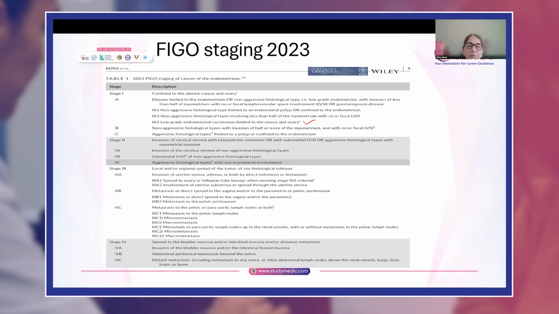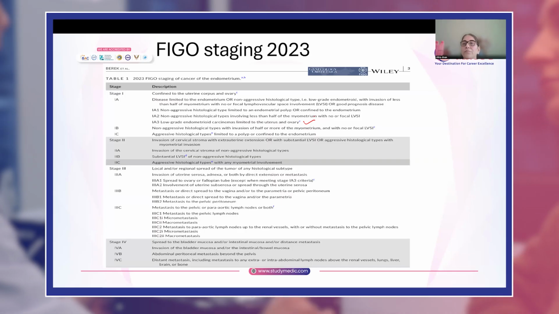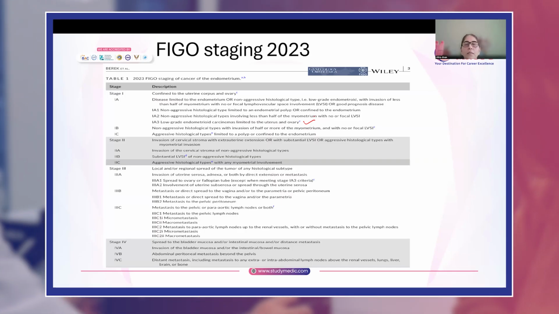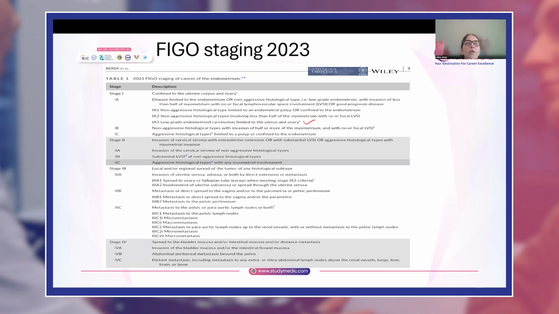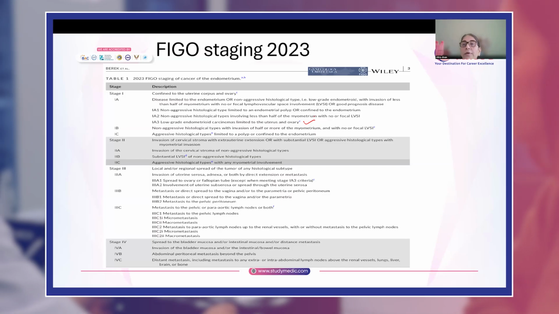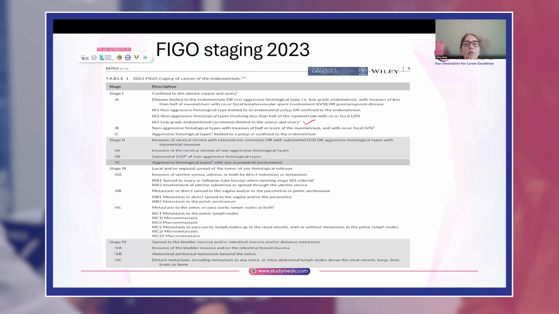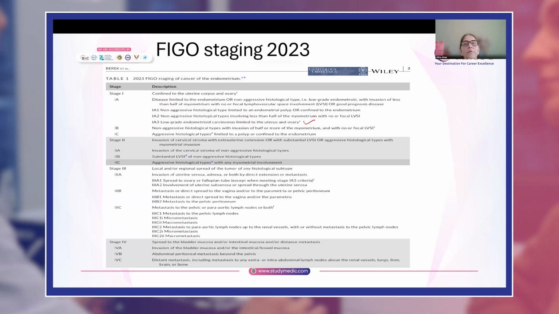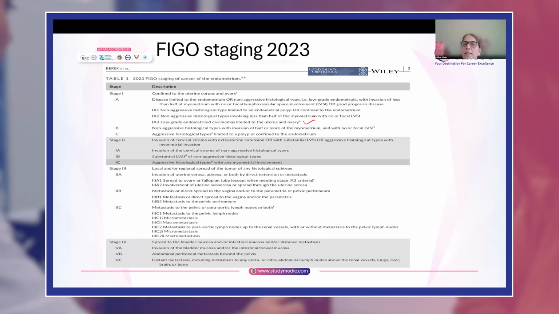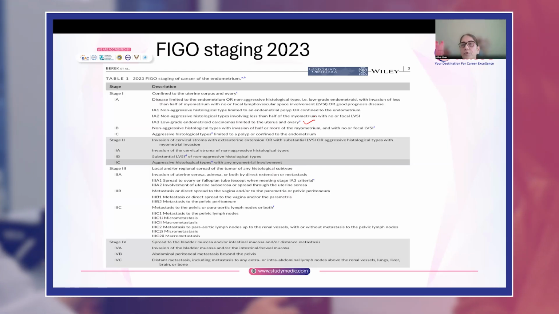Now, stage 2 of any disease is whenever any surrounding structures are involved. Similarly for carcinoma endometrium, stage 2 is where there is invasion of the cervical stroma. Remember, cervical stroma, not cervical glandular invasion. Invasion of cervical stroma with extrauterine extension, or there is LVSI, or aggressive histological types with myometrial invasion, becomes stage 2.